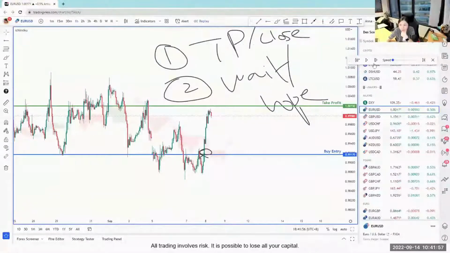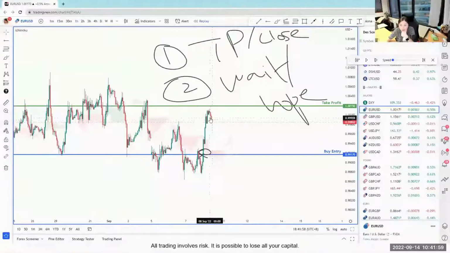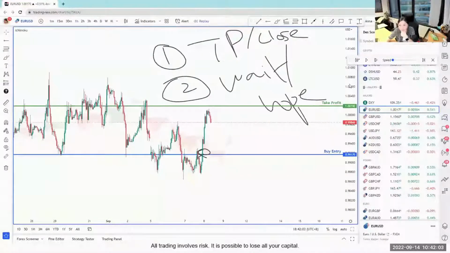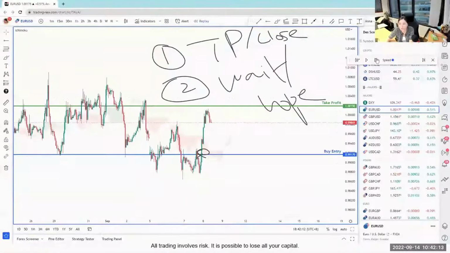You're worried, and you wait again, and there's a big candle that is coming down, and you're worried. And this candle actually shows that there is a big, heavy, strong sell pressure. What will you do? Would you wait? Or would you take partial profit?